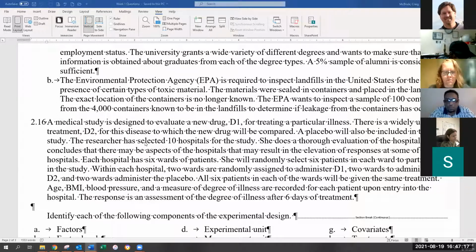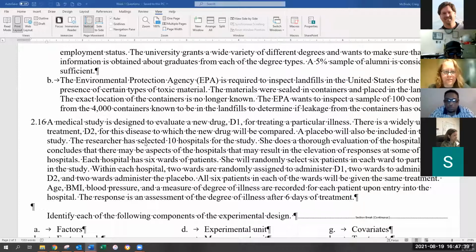In age, the measurement units would be years. BMI, I don't know, digits. I mean, a BMI doesn't really have a unit of measure. It's just, you're a 24.2, you're a 26.7, whatever it is. Blood pressure, I don't know, maybe kilopascals or something, a measurement of pressure.